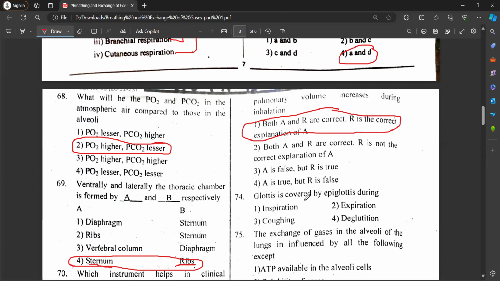Next, glottis is covered by epiglottis during inspiration, expiration, coughing, deglutition. Deglutition is the answer. It is a synonym of swallowing. When we swallow the food, glottis is covered by epiglottis to prevent the entry of food particles.